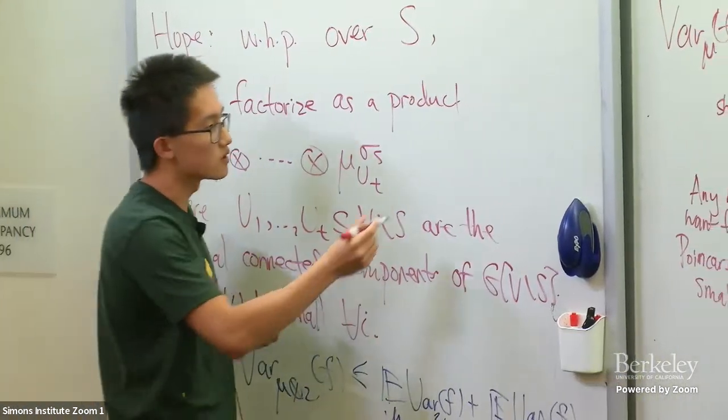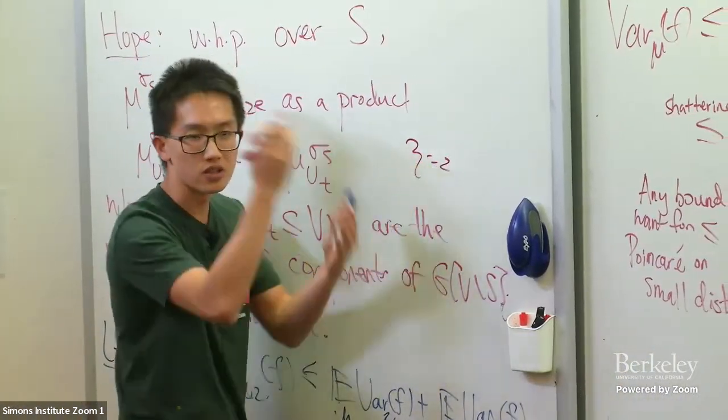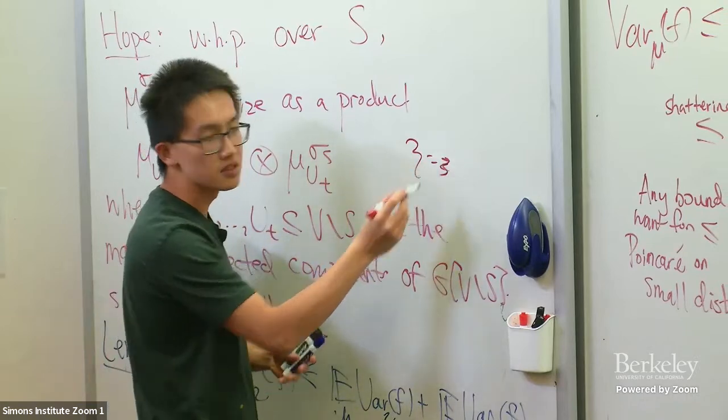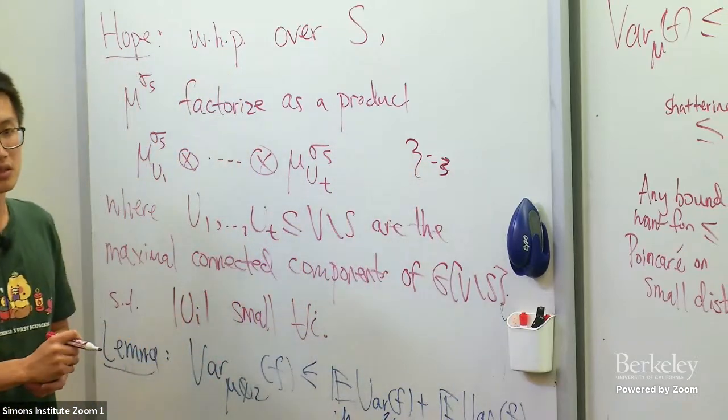But if your spectral independence is even 2, you're going to get a bad bound, or with 3, you're going to get n cubed already.